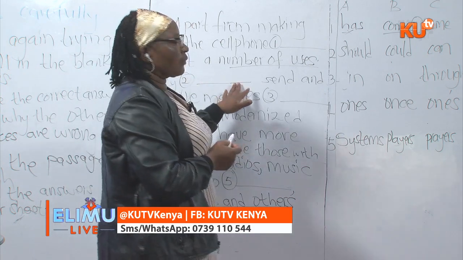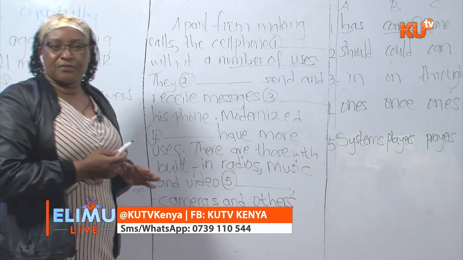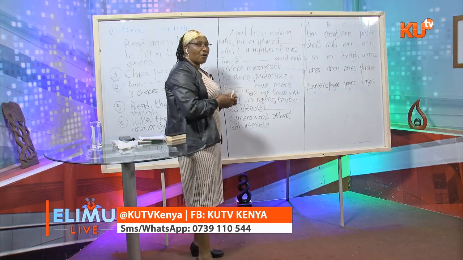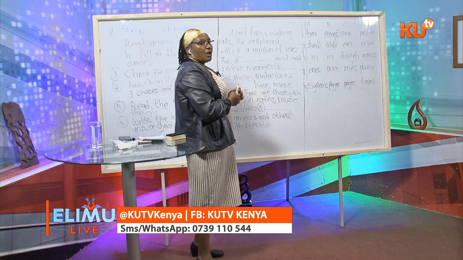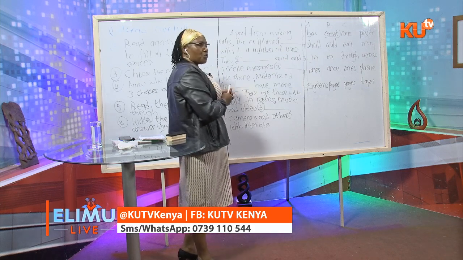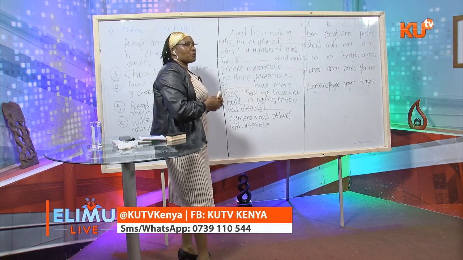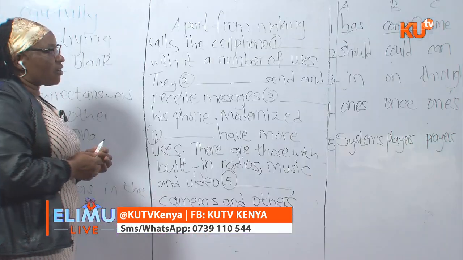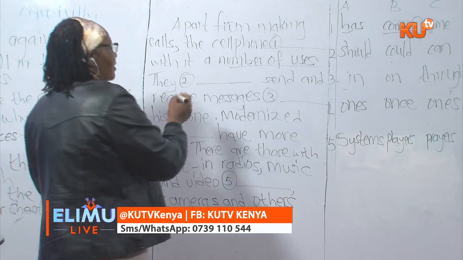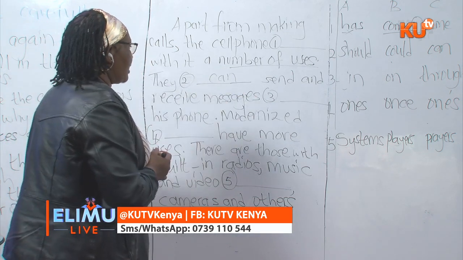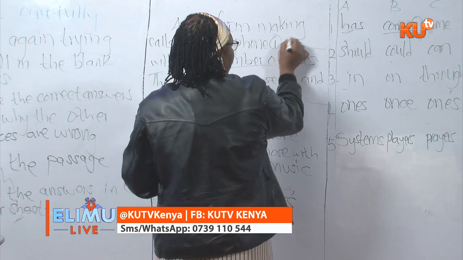So here, we are supposed to ask ourselves, what is a mobile phone or the cell phone able to do? What is it able to do? So after asking ourselves that question, we'll be able to get the correct answer. The correct answer here is can.